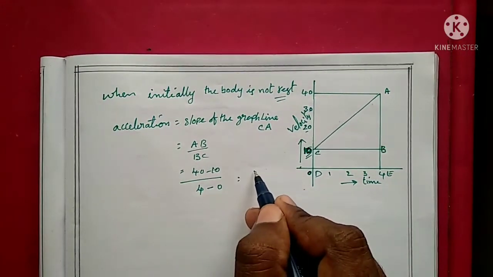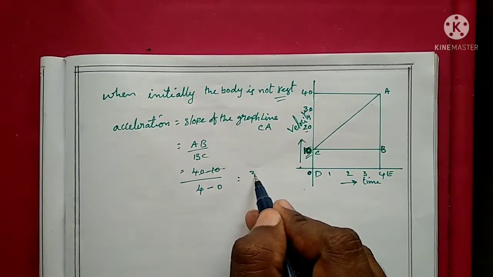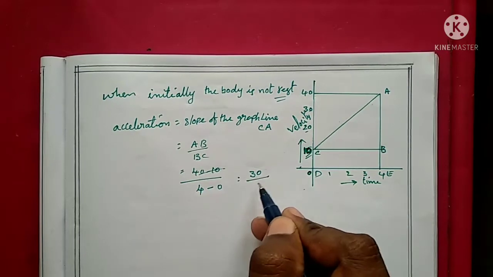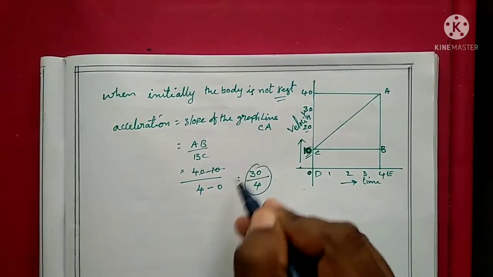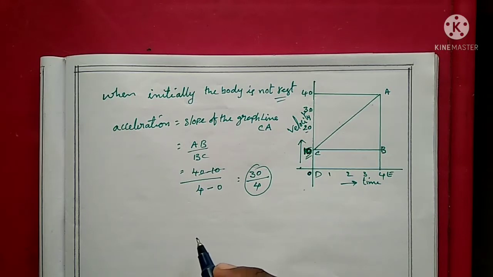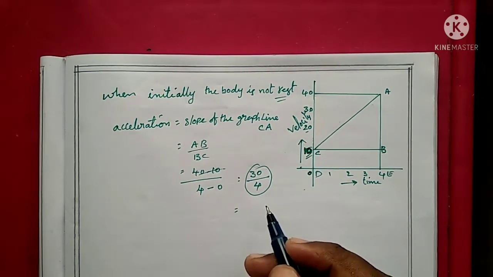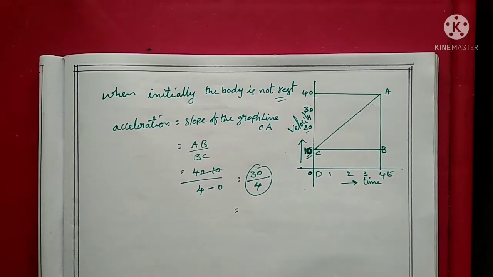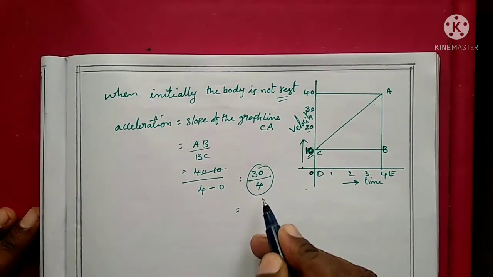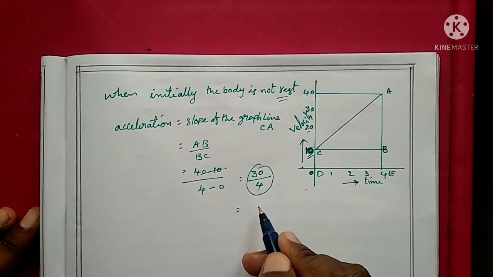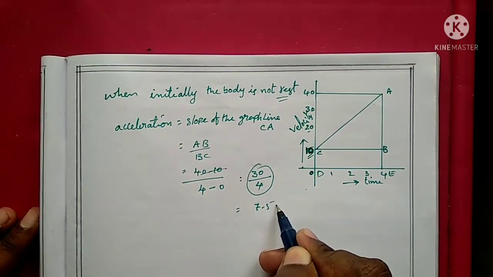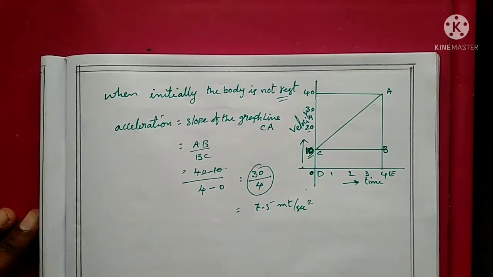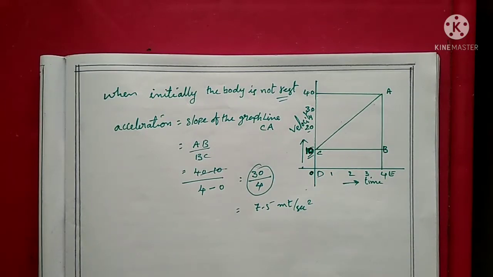So that is 40 minus 10, that is equal to 30 by 4 meter per second square. You know how much value? 30 by 4 is equal to 7.5 meter per second square.